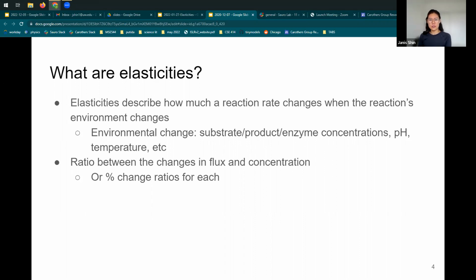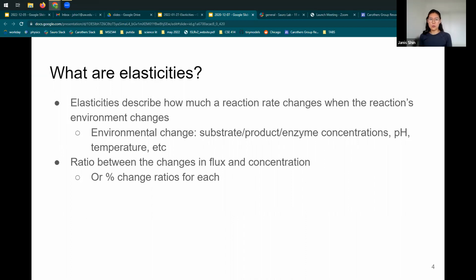This is where elasticities come in, because elasticities are the quantitative property of enzymes. Specifically, elasticity coefficients describe the extent to which reaction rates change in response to environmental changes. Environmental changes can be things like metabolite concentrations in the media, pH, temperature, etc. And elasticities demonstrate how a change in one part of the cellular pathway propagates to the rest.